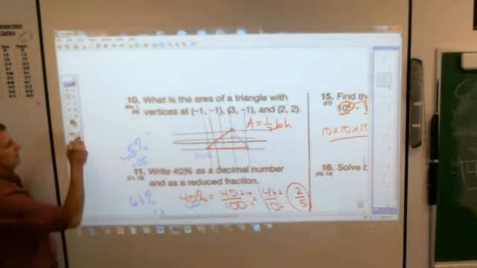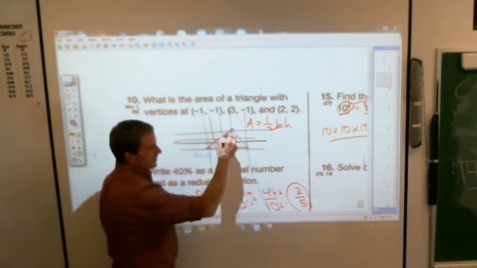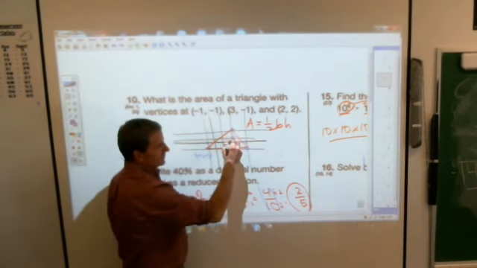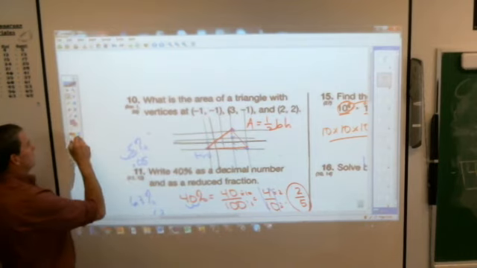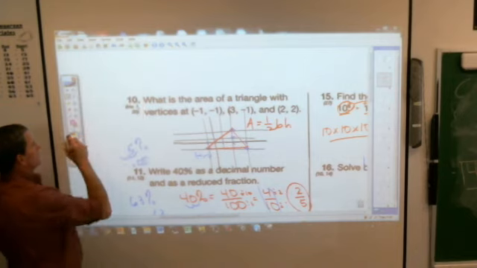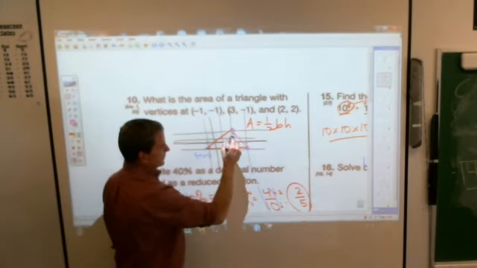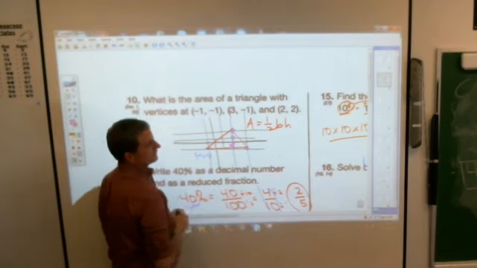So what you need to do in this case, even though it doesn't give it to you, you can certainly do this. From this point right here, draw your nice little dashed line going straight down. Just make that a really big one. And that does form a right angle.